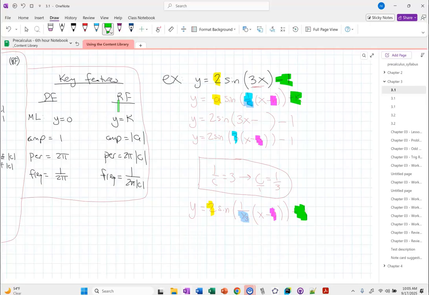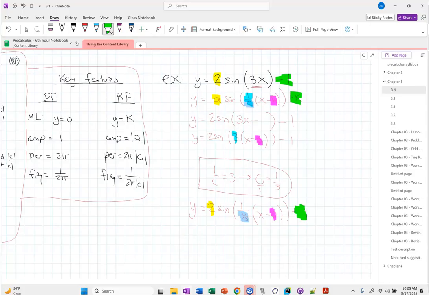Yeah. So the takeaway here, what's the relationship between the coefficient on our x and our value for c? They are reciprocals.